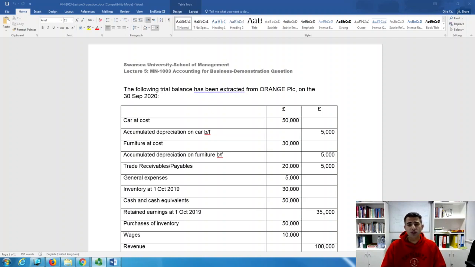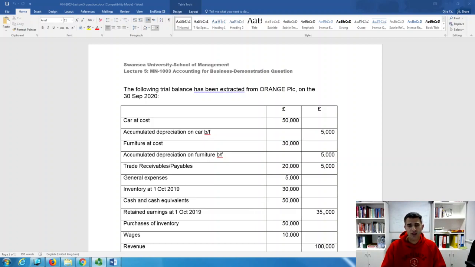Now when it comes to the statement of change in equity, it's all things to do with equity. Don't forget that equity is part of the statement of financial position. The equity section should be included in the statement of change in equity, which includes the share capital, share premium, and retained earnings.